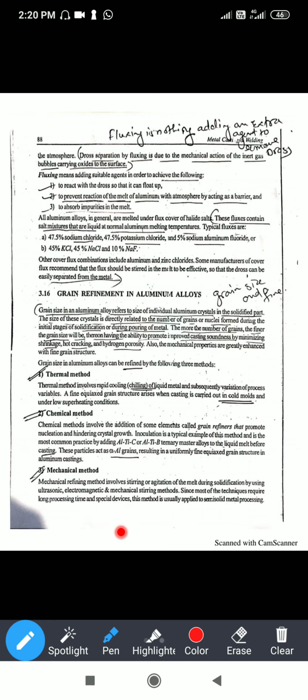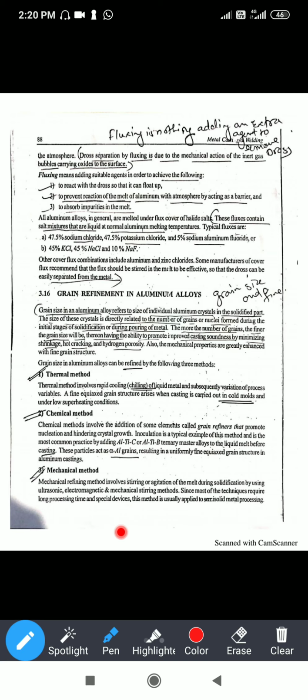Cooling of the liquid rapidly. In the previous class you have seen that external and internal chillings are the same. Aluminum particles are placed in the mold so that they can absorb or extract the heat from the molten metal and release it to the atmosphere at a faster rate than natural cooling.